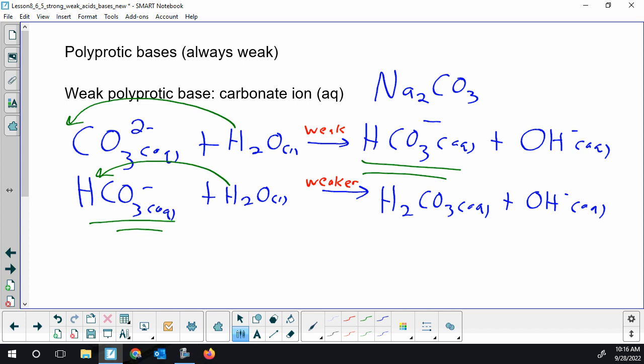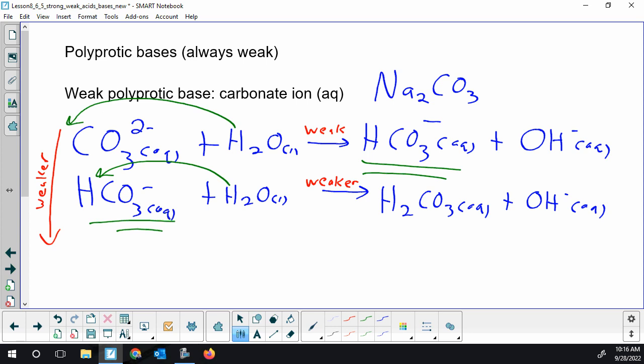We have that same pattern where as we either accept or lose H's, they keep getting weaker. And that's going to be my one example of a diprotic base.